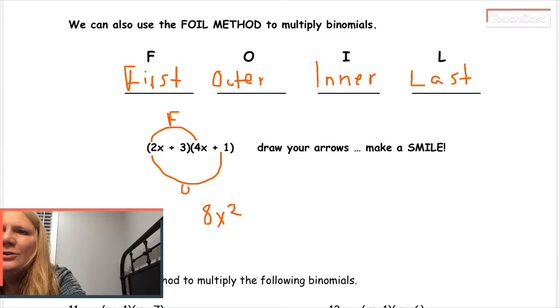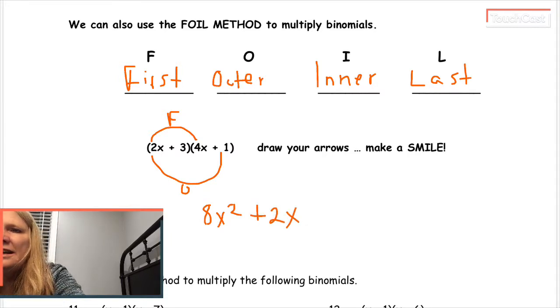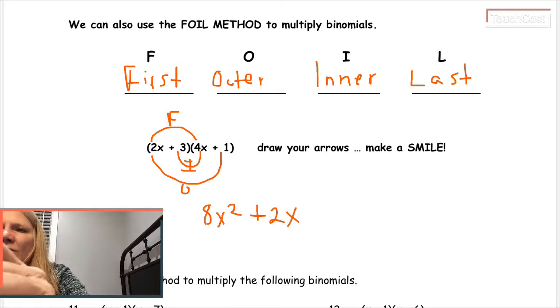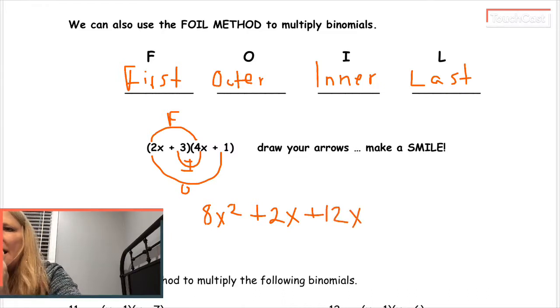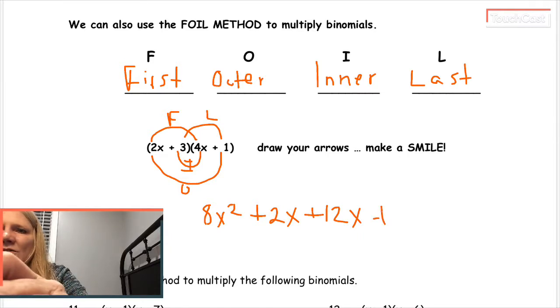So 2x times 1 is plus 2x. And then my inner is underneath here. So 3 times 4x is plus 12x. And then my last is the last in both, and that's 3 times 1, which is 3.